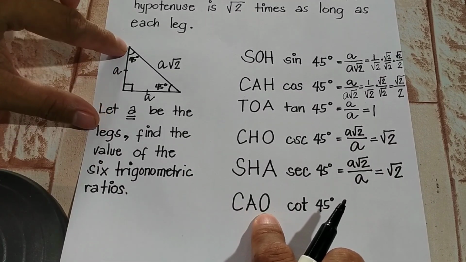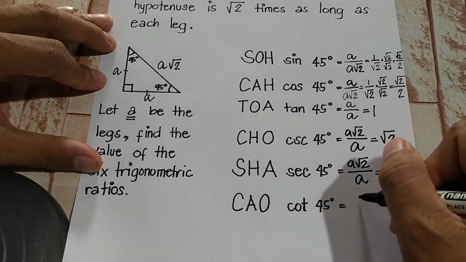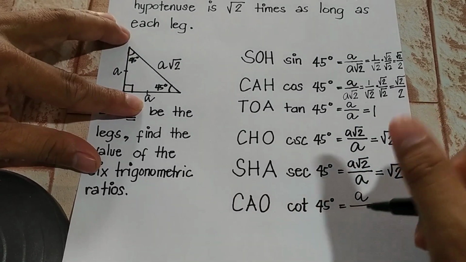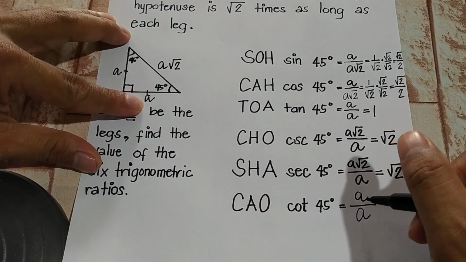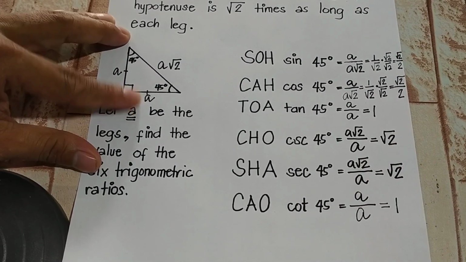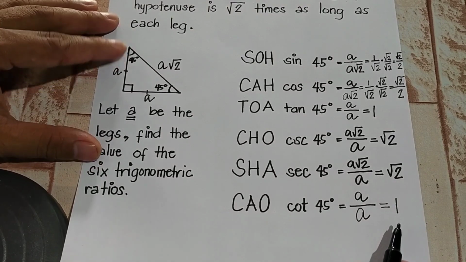So what is the adjacent of 45 here? That is A. So that is A over, what is the opposite? That's A. So what is A divided by A? That is equal to 1. So therefore, cotangent 45 is equal to 1.